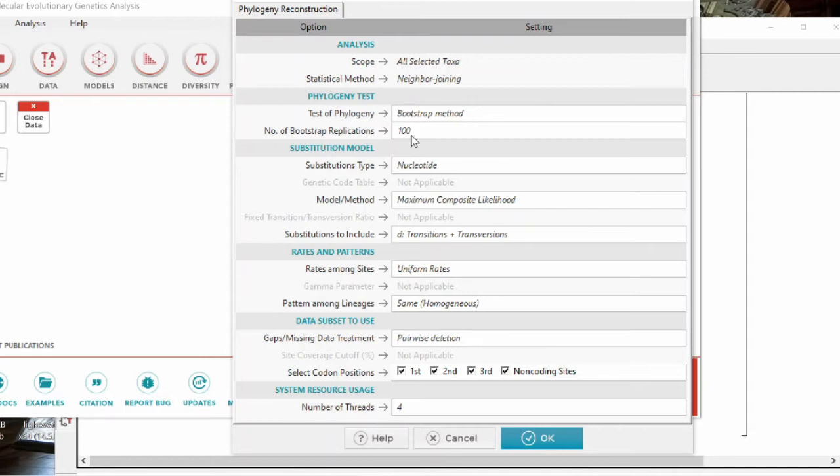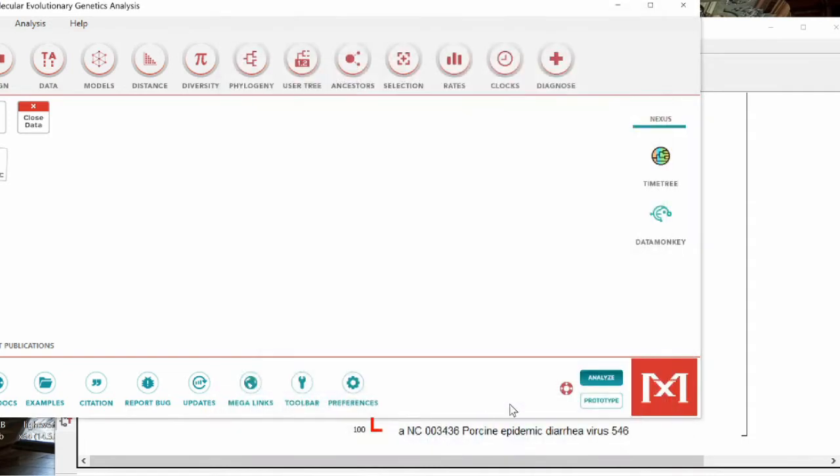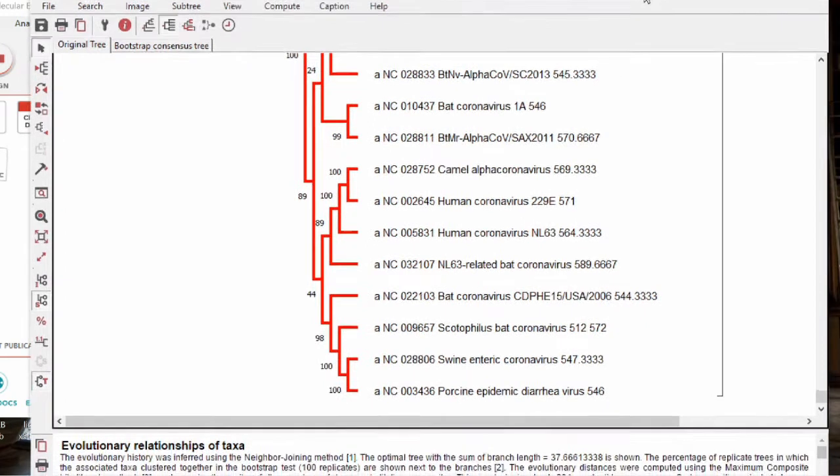We choose 100 replications, not 500 as we used before, because the data set is big and we wanted to complete it in a reasonable time. Then we just execute it. After about 3 to 5 minutes, we'll get these results.